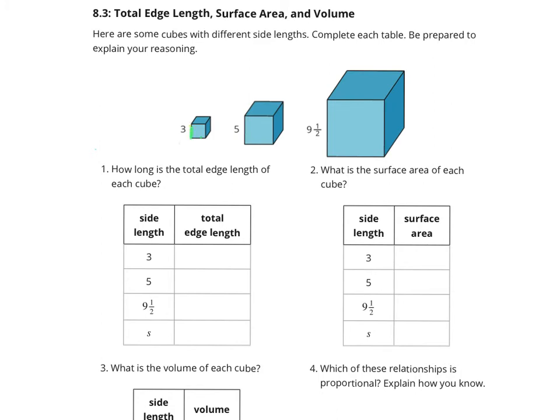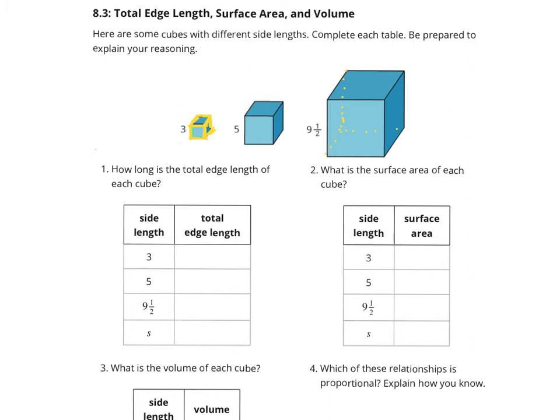Let me do this in yellow. 3 this way, 3 this way, 3 this way, 3 this way. And then also 3 going back, 3 going down, 3 going this way, and then another 3 and another 3. So those are the ones that I can see, but then there's another 3 like this, another 3 this way, and another 3 this way.